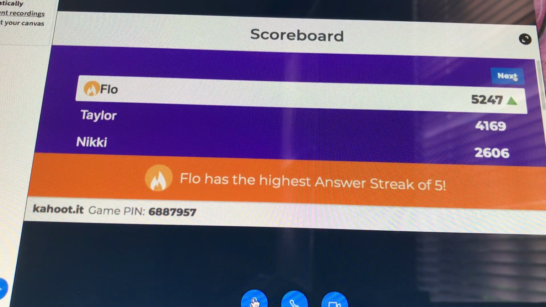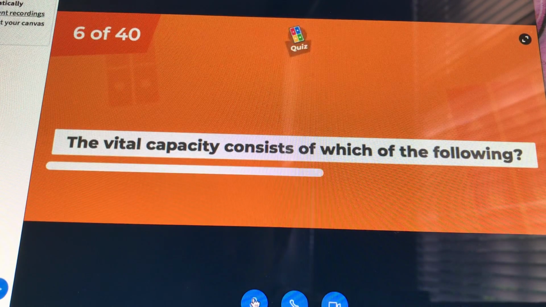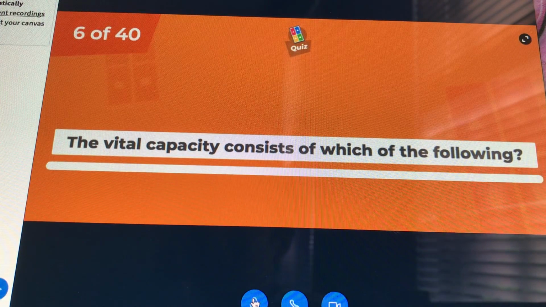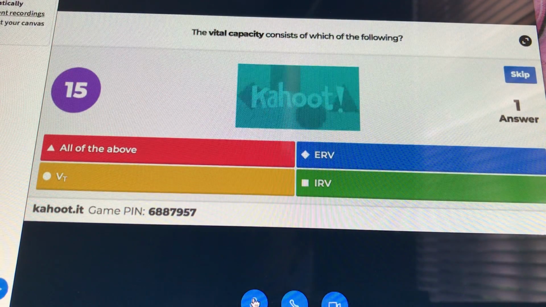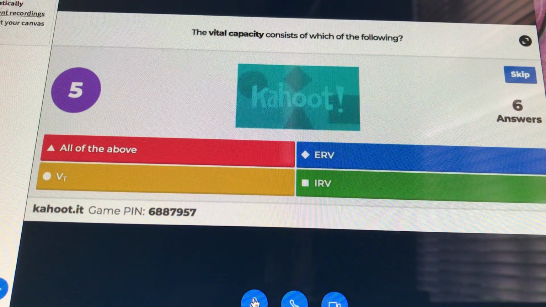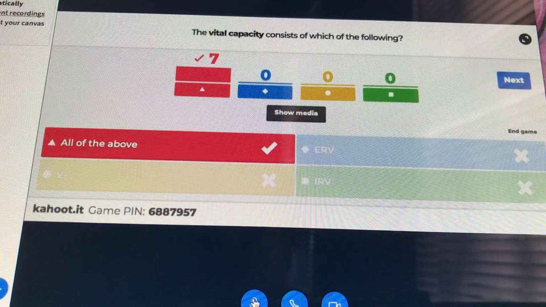Okay, good job, Flo. Make sure you study those definitions. They will come in. Vital capacity consists of which of the following? Good, that will be all of the above.